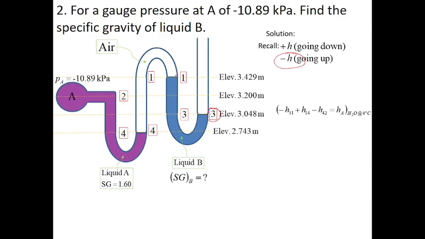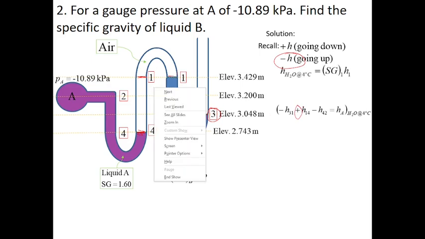So at this interface, at the same level, this is also point 1. And from point 1 going to point 4, we will go down. That's why we have a plus sign, from 1 to 4.